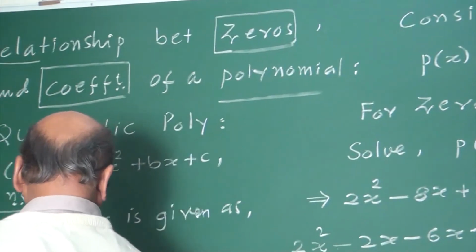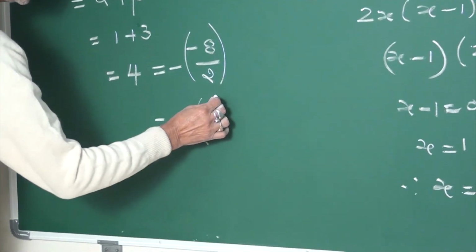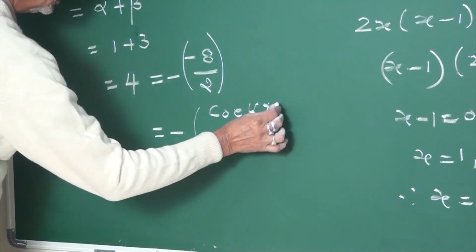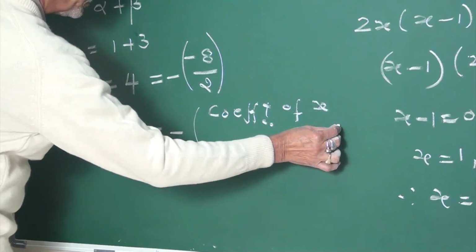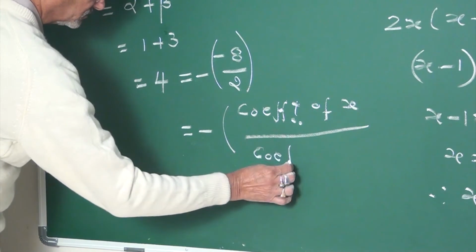Therefore, if you express this in this form, minus 8 is the coefficient of x, 2 is the coefficient of x square.